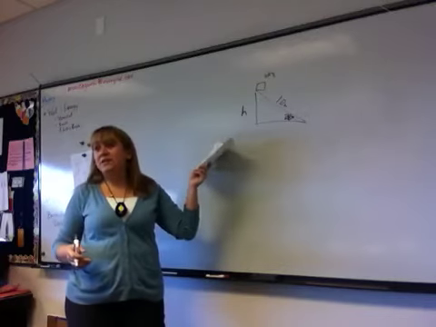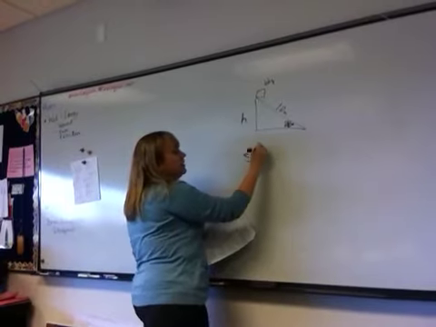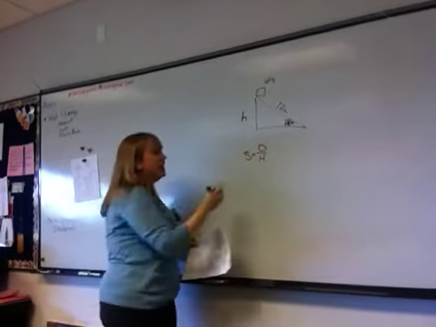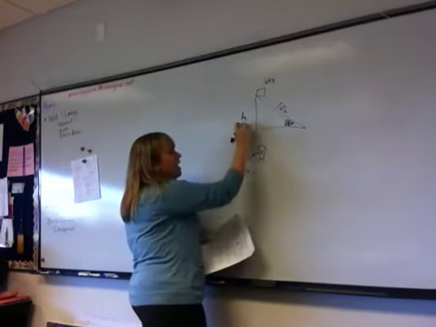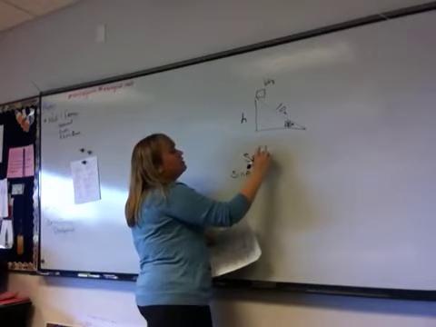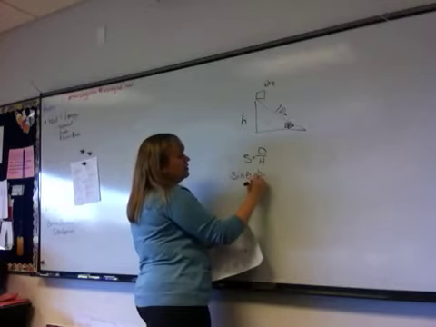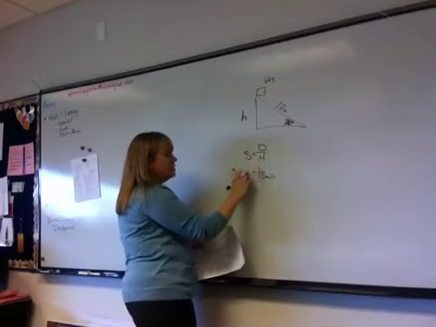Right, opposite over hypotenuse. So S equals O divided by H. In the real world, that's sine theta equals the opposite, in this case our height, divided by our hypotenuse, 10 meters. Our angle is sine of 30.